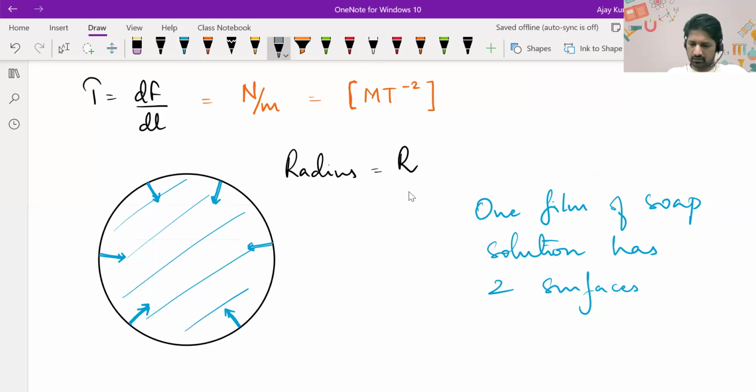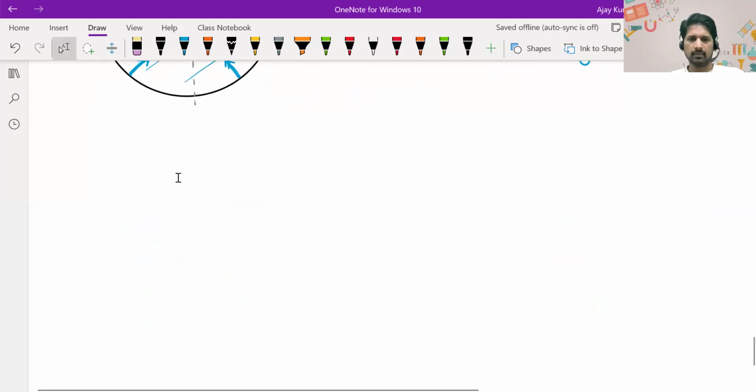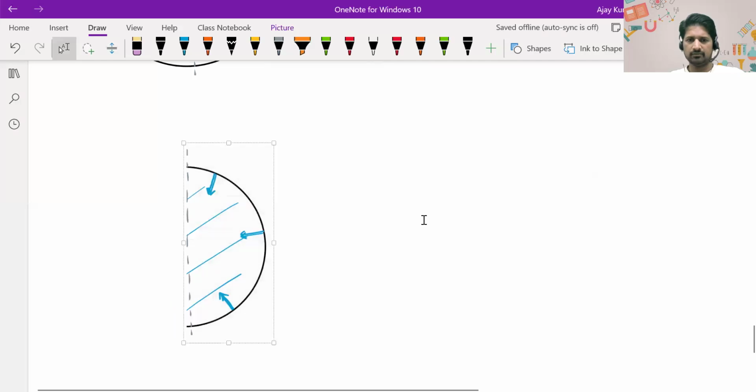That's fine. But suppose you consider only one half of the ring. Okay, let's take only the right half of the ring. Let's consider only the right half of the ring like this.